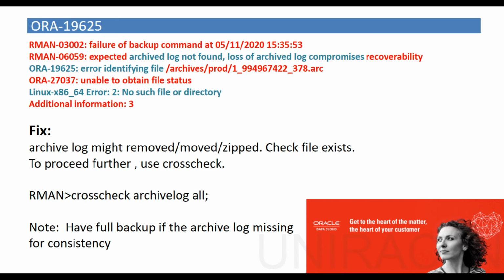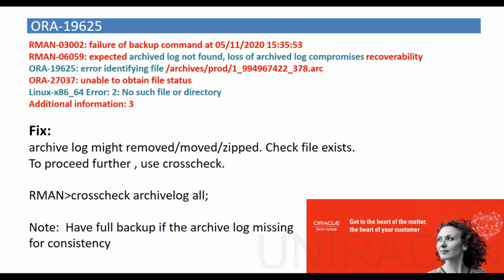The history command tells you, so verify. Based on the history command, if it was moved, please verify the file exists in that particular target location. Bring it back and take a clean backup. Do a crosscheck again and let's have the backup. Or someone removed it.